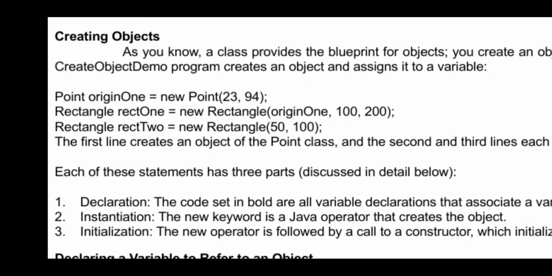Same example for the next one: Rectangle is another class which is defined with rect1 as the object, and you are creating an object for Rectangle with two different parameters you are going to pass.